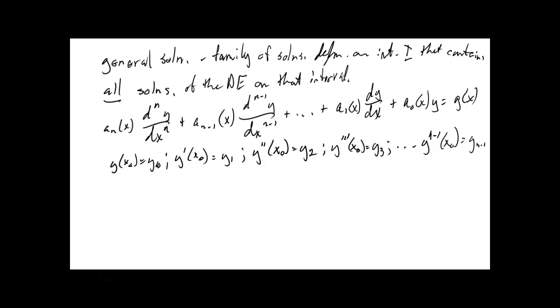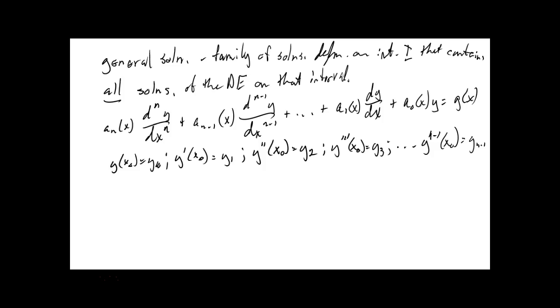So for an nth order differential equation you have exactly n initial values, 0, 1, 2, 3 up to n minus 1. If this is a 7th order differential equation, you've got to have 7 initial values: y at x0, y prime at x0, up to the 6th derivative of y at x0. That's required for your initial value problems.